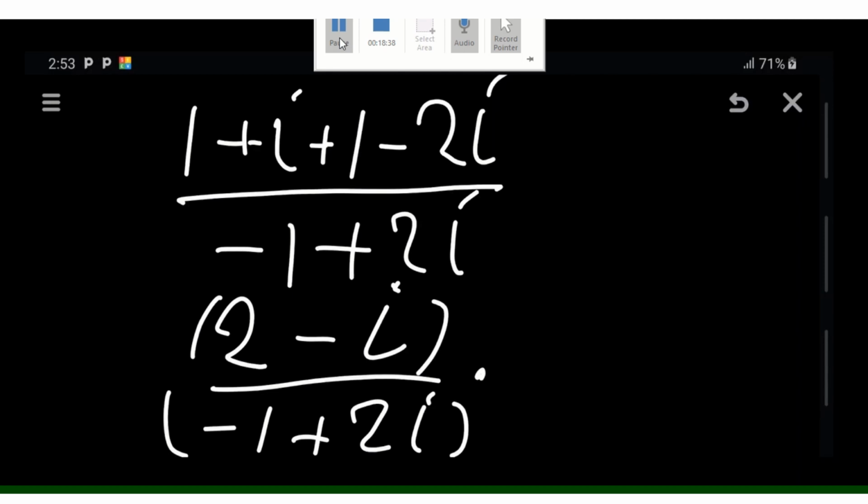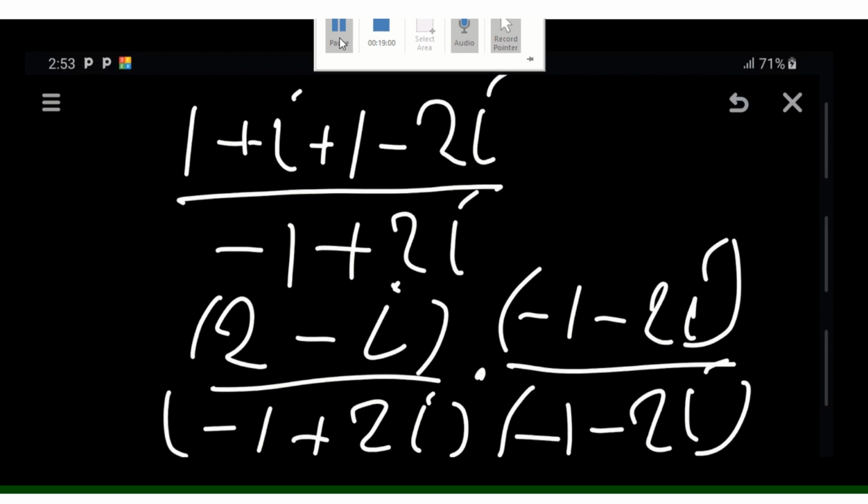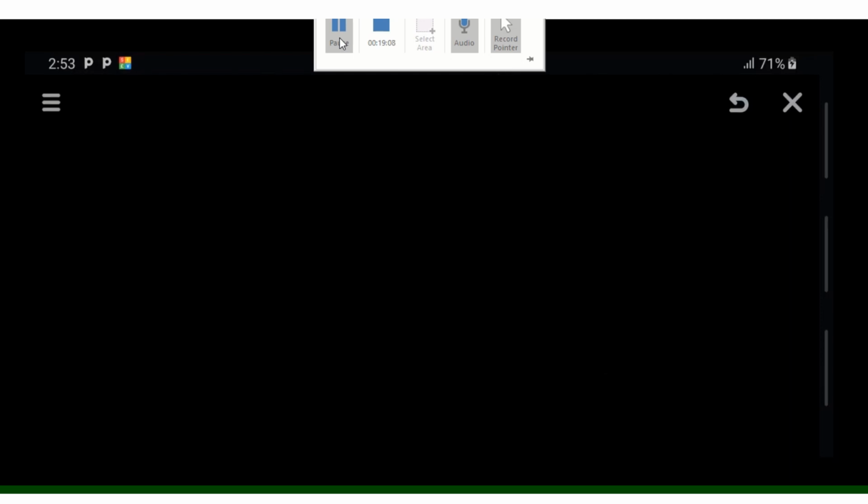We are rationalizing the denominator, so you get the conjugate of the denominator. The conjugate of the denominator is -1 minus 2i over -1 minus 2i. This is the conjugate of your denominator. So just let me write it on top there: 2 minus i.